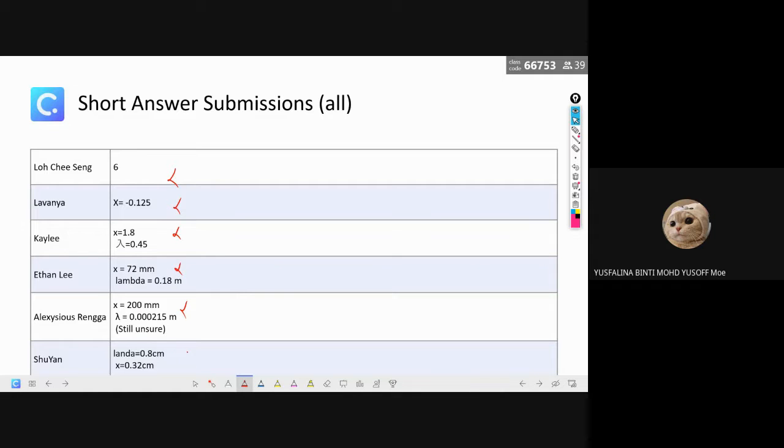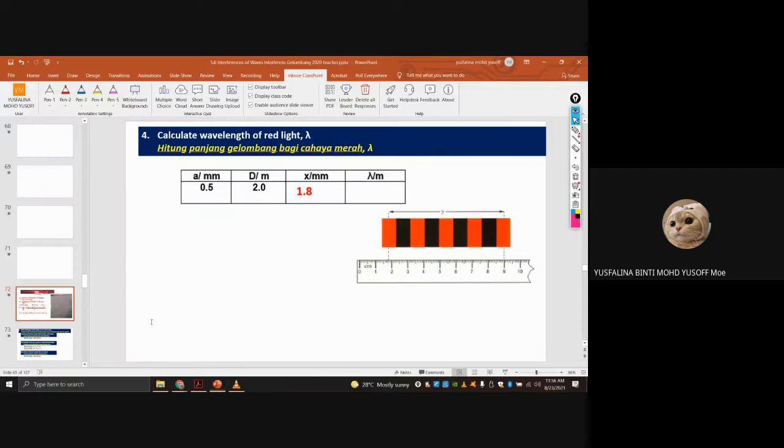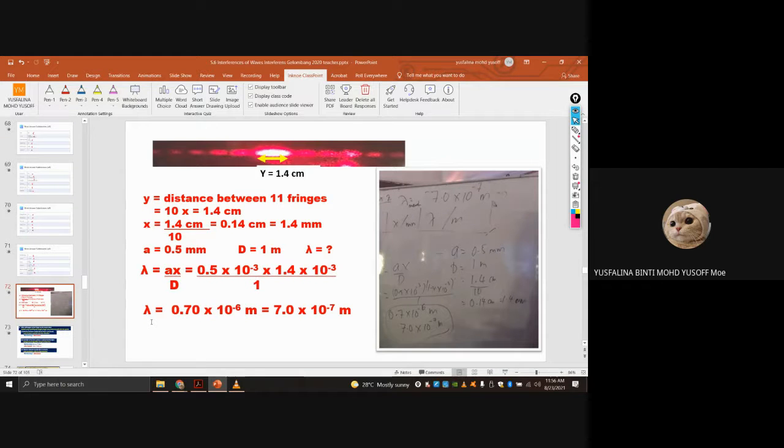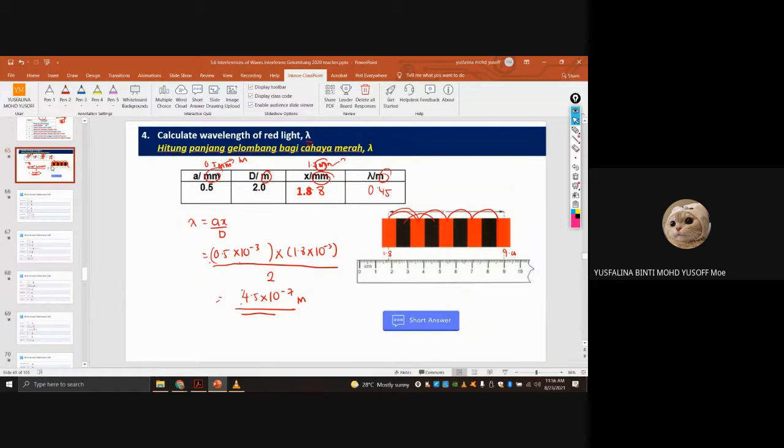Still unsure. Okay, never mind, I will teach you that one again. We give you another example. So can you understand this one, how I get 4.5 times 10 power of negative 7? Are you clear? Okay, I understand that one. Others, do you understand? Do you have any problem? Kaylee, Waylock, Daniel, Jian Hong, Jiang Wei, Jing Yi. Can you understand?